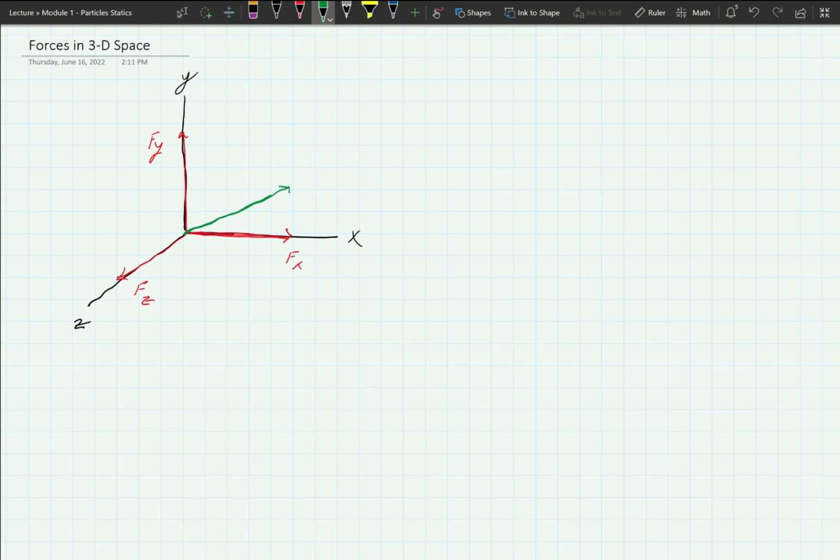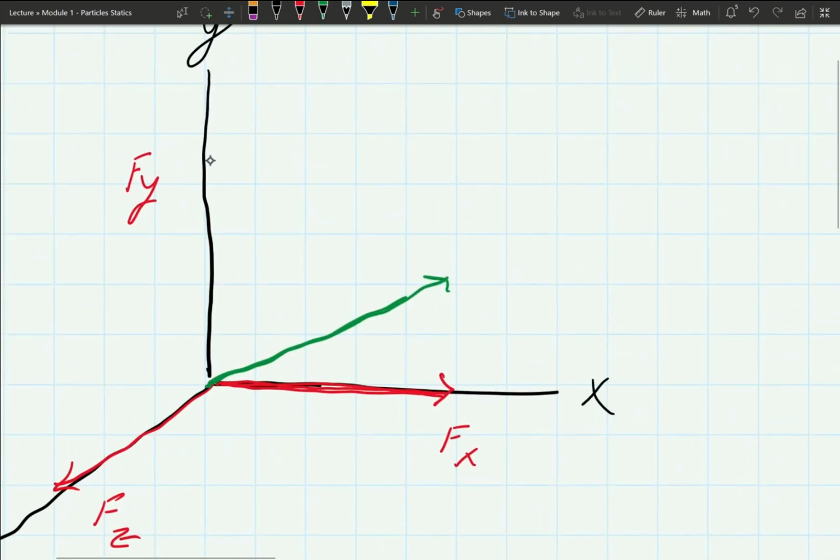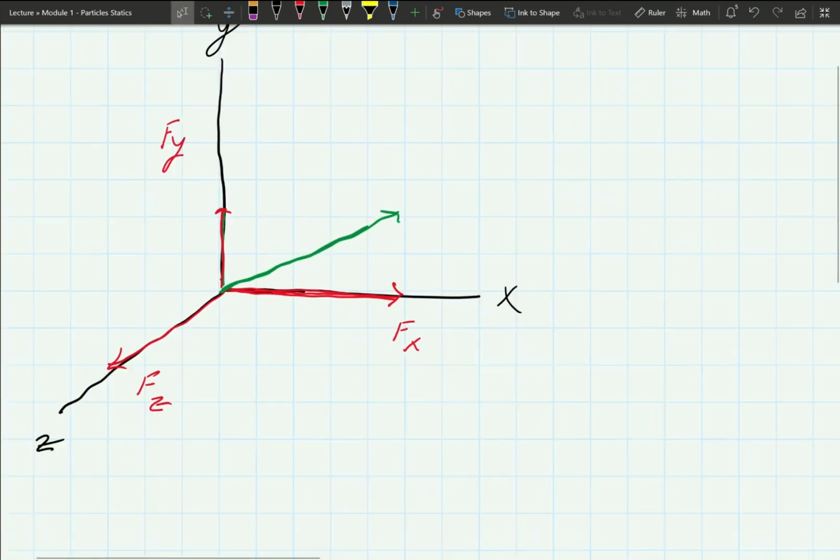Okay, and for sanity, I should take that one out and make it shorter. Let's do red. And that's F of y.